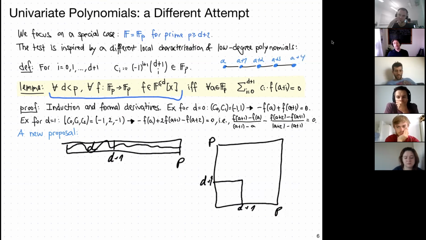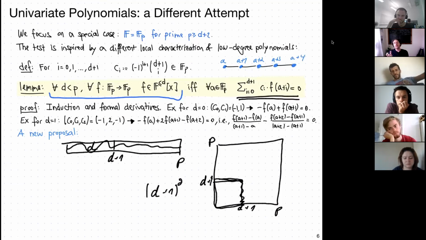In higher dimensions, the constraint will still only involve d points, while the size of the information is d plus 1 squared, and in n dimensions it would be roughly d to the n. The constraints will persist being just with respect to d. They will not grow in dimension.